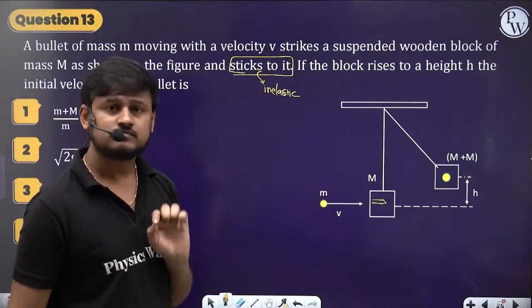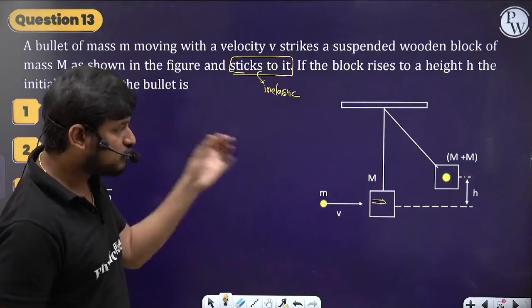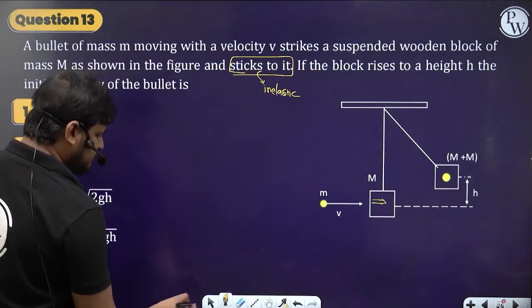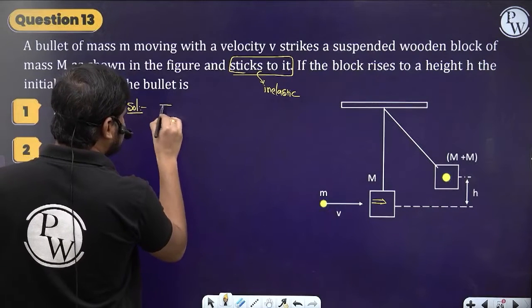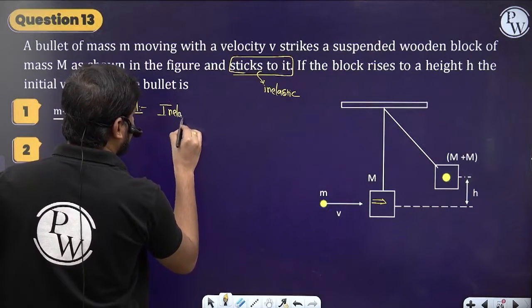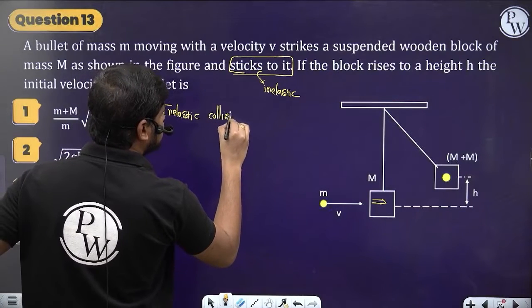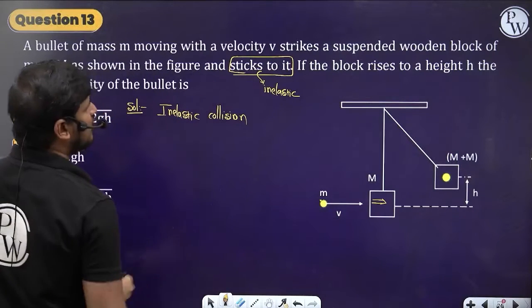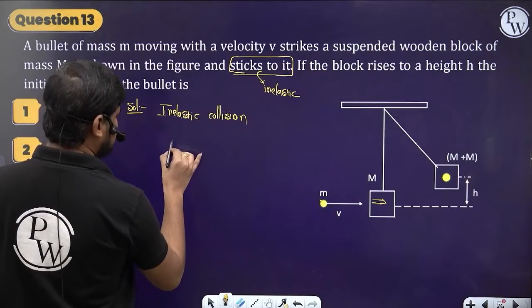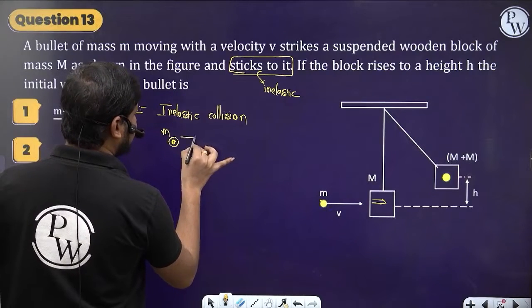So here these are the standard types of questions. So let's understand. Here two concepts you have to apply. The first concept is the inelastic collision concept, between the bullet and the wooden block of mass capital M. This is a bullet of mass small m, which is moving with velocity v.